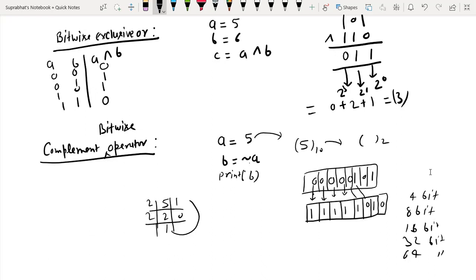So now 1 1 1 like this. And according to the computer's signed bit representation, in a computer one word has a signed bit.